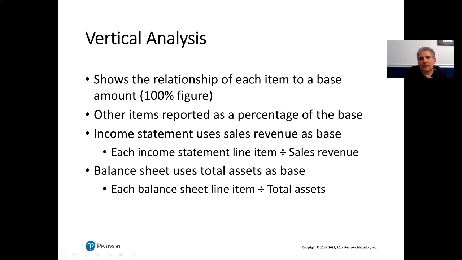So every other line item on the income statement is going to be compared to sales revenue. Therefore, each income statement line item is divided by sales revenue. Sales revenue is the base for the income statement.